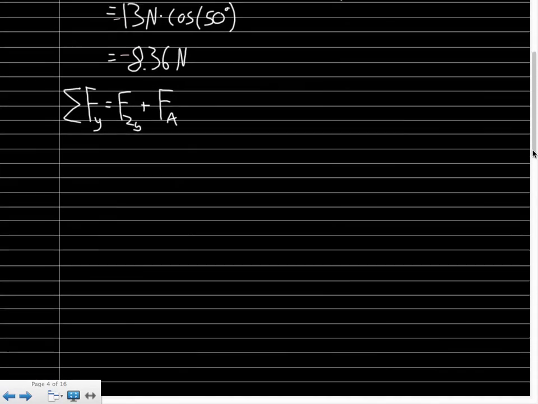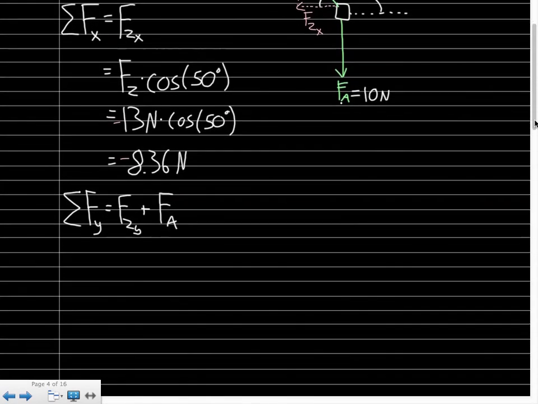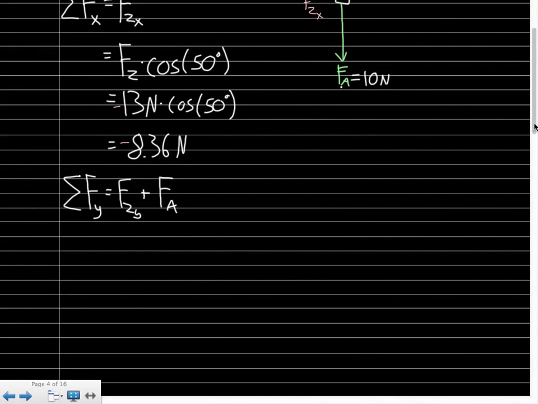So with that information, let's solve this. FZY is going to be FZ times the sine of our angle 50 degrees plus a negative 10 newtons.